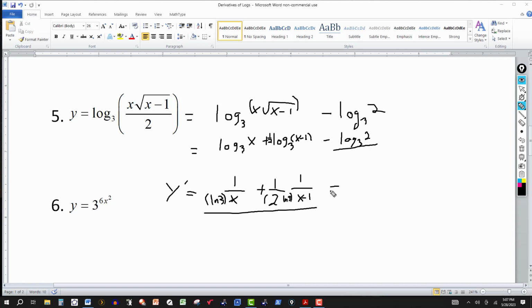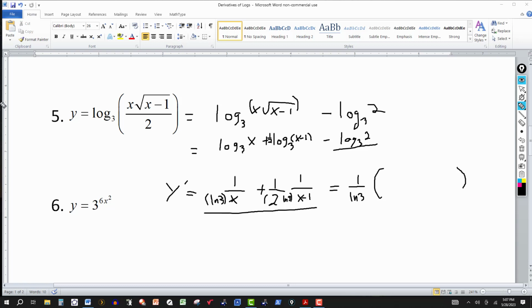But doing a little bit of algebra, you have a factor here of 1 over ln of 3. So if you take that out, the instructor might want you to simplify this. So this will be 1 over ln of 3. And then you would have, in the parentheses, 1 over x plus 1 over 2 times x minus 1.